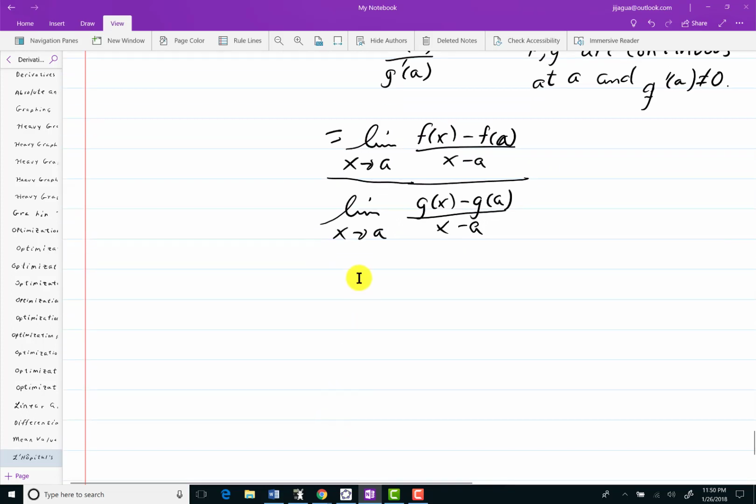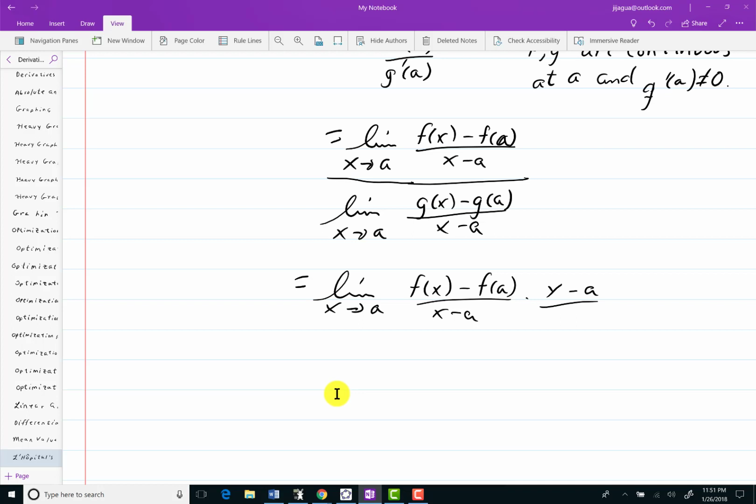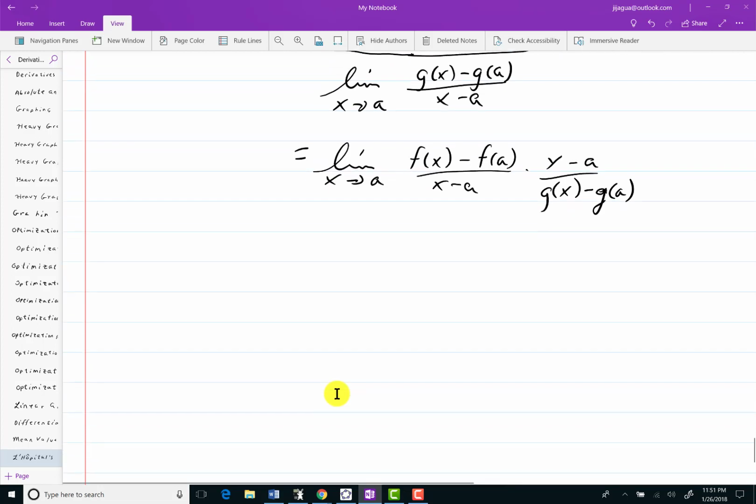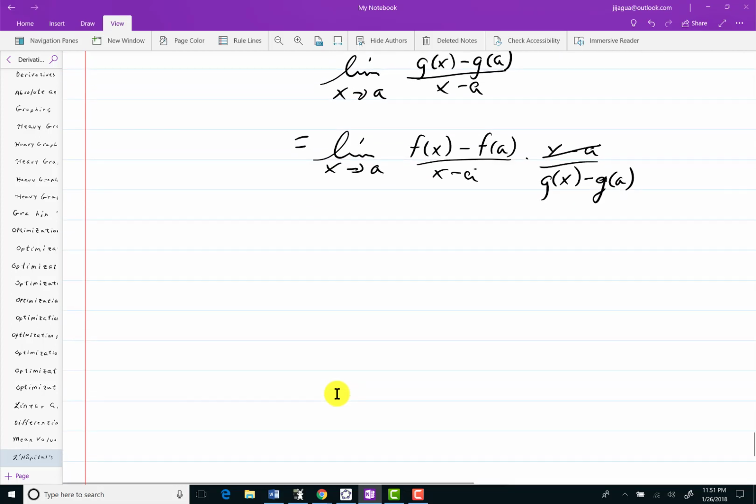Then I'm going to go back a step and combine this into one limit. I'll have f of x minus f of a over x minus a times, I'll flip the bottom fraction, and then I can cancel the x minus a's.